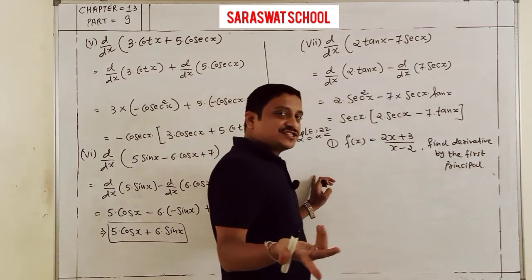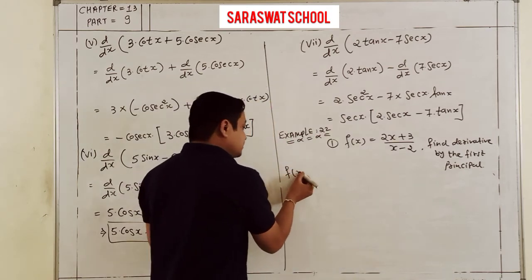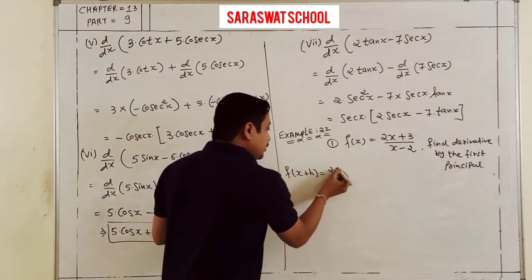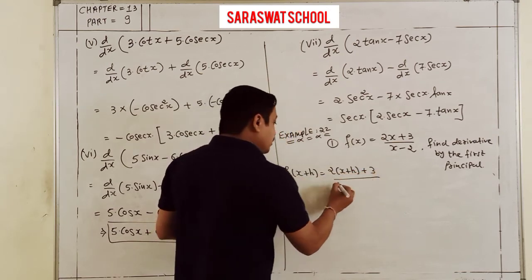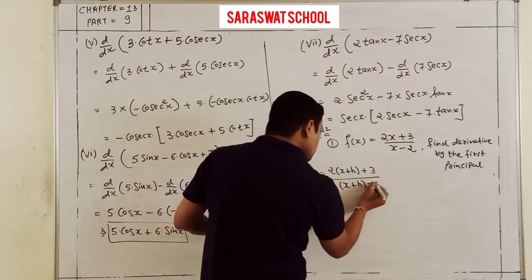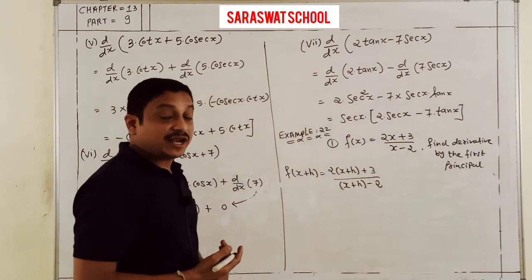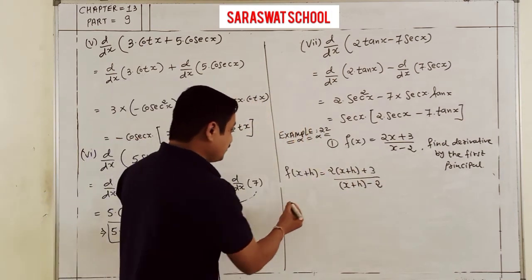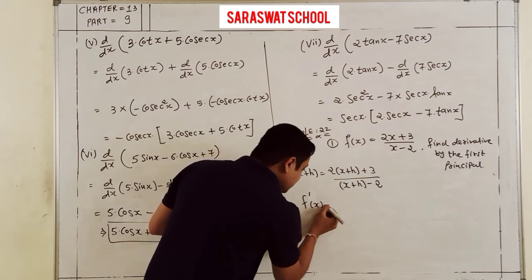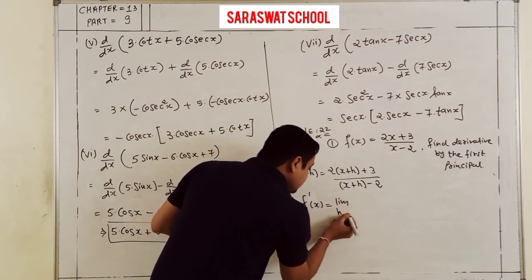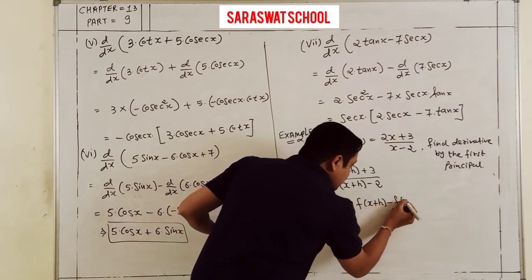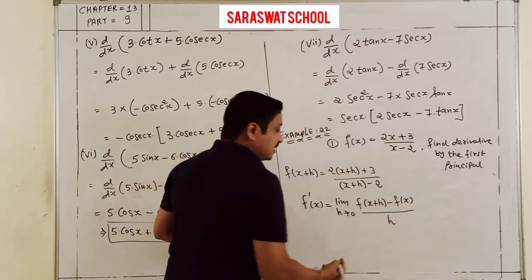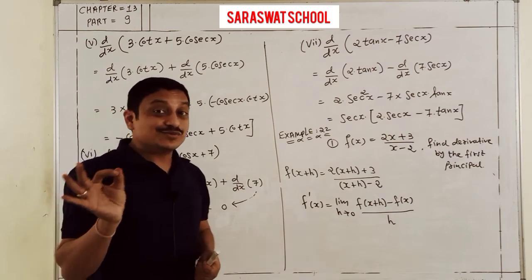Please go to the definition. f of x plus h we derive as 2 times (x plus h) plus 3 upon (x plus h) minus 2. And now I start the formula: f dash x equals limit h tends to 0 of f of x plus h minus f of x by h, and put all values one by one.